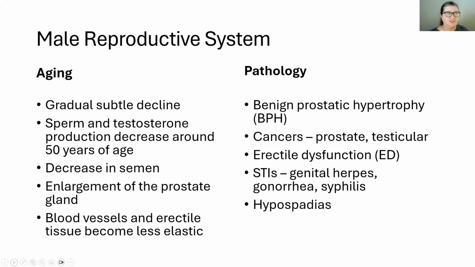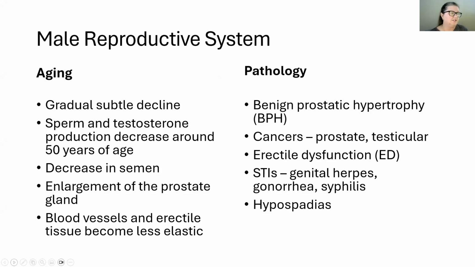Males can produce sperm till they die, whereas women are not fertile for their entire lives. But there is a decrease in a lot of these. Sperm production, testosterone production. You'll hear a lot of older men say they have low T, right? Low testosterone. The decrease in semen occurs because they're not producing as much of those fluids either.